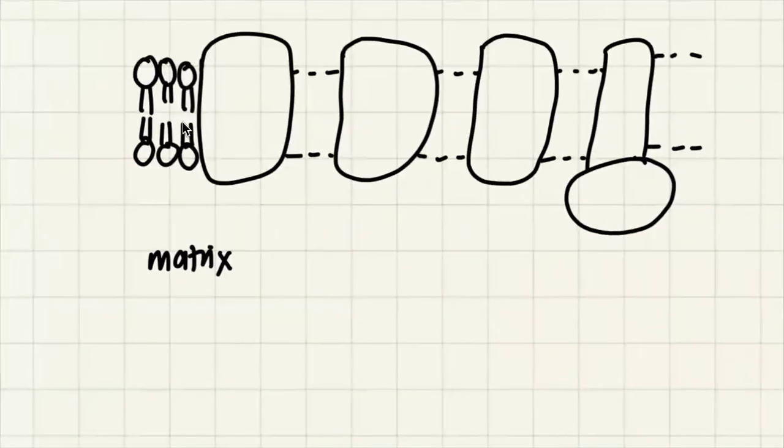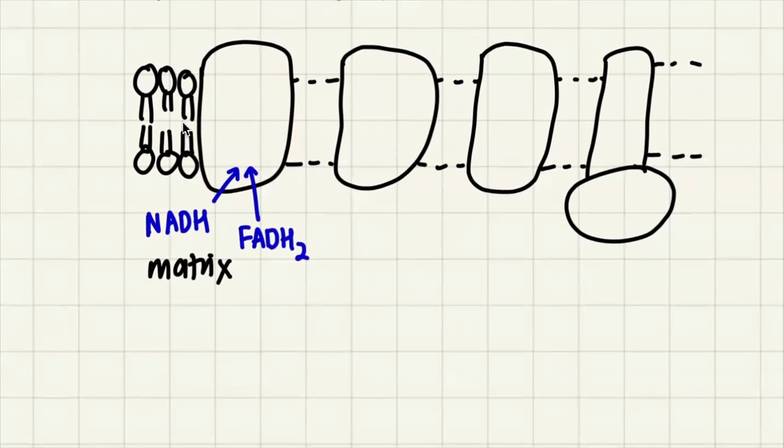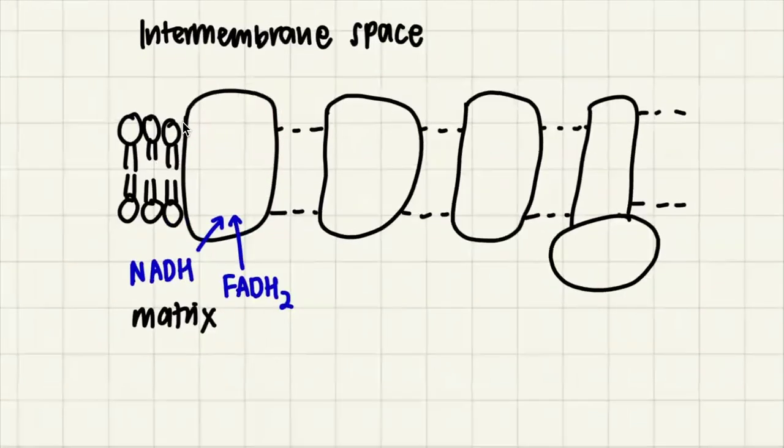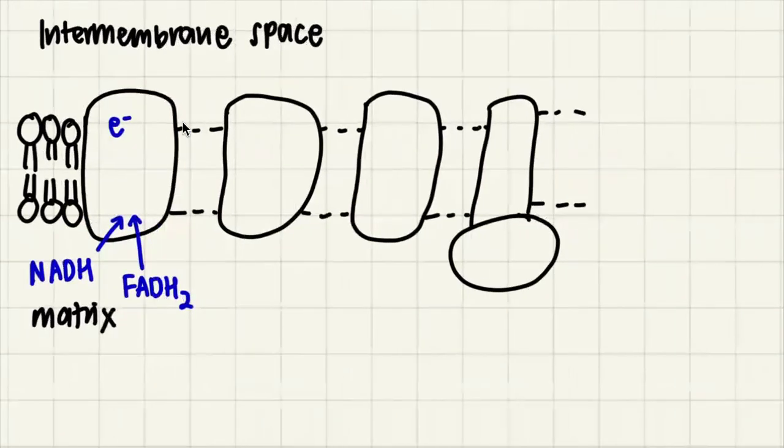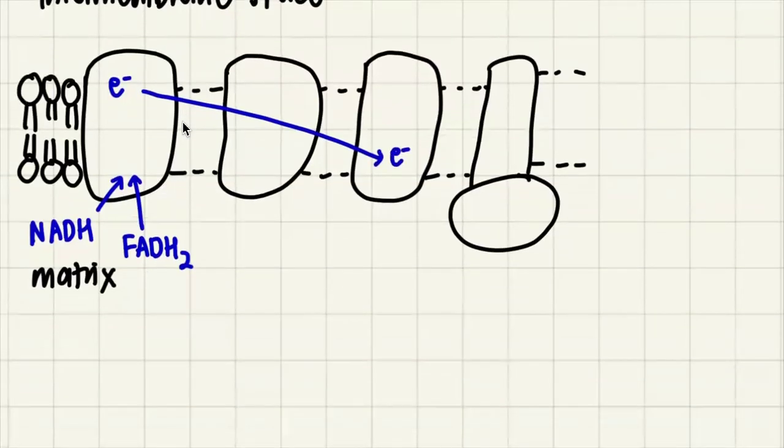Okay, so let's look at our first molecule over here. Your electron donors are NADH and FADH2. Okay, so they donate electrons into your electron transport chain. So your electrons go down the electron transport chain, and the electron is finally accepted by your final electron acceptor.